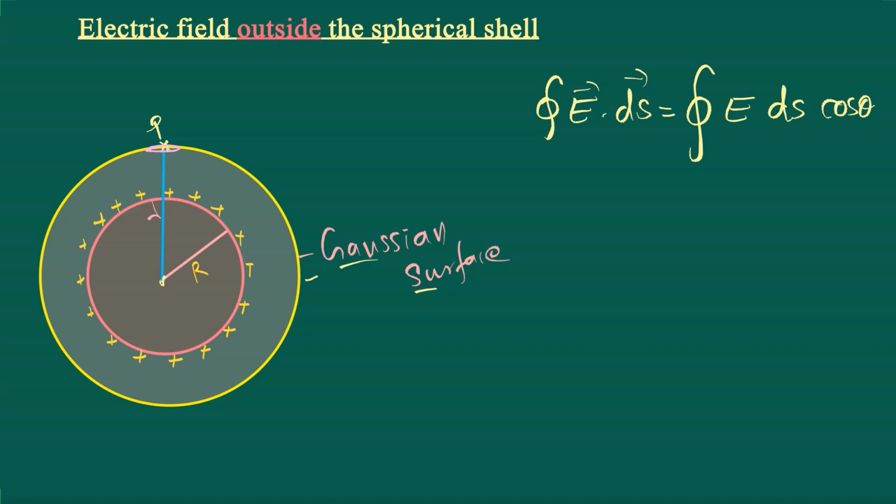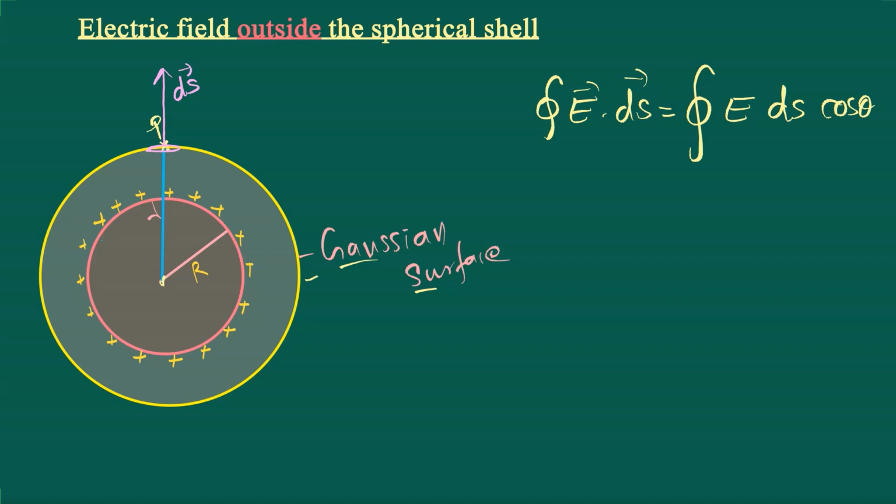It is always acting perpendicular to that surface and always in the outward direction. So at this point the area vector is acting in this direction, and also what will be the electric field at that point.